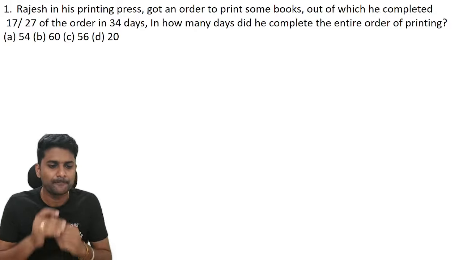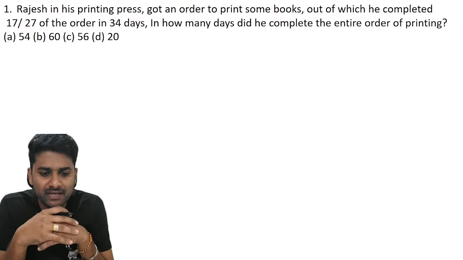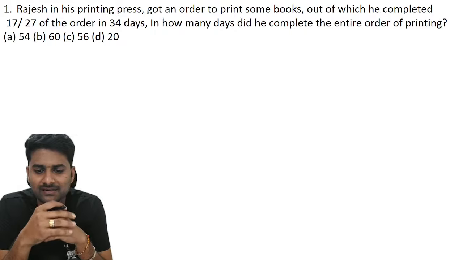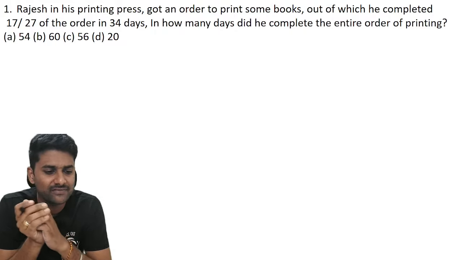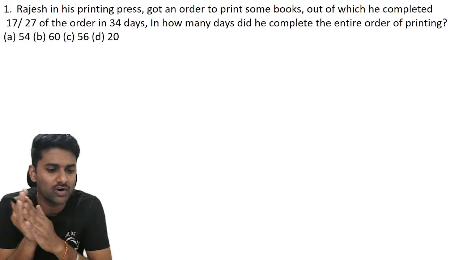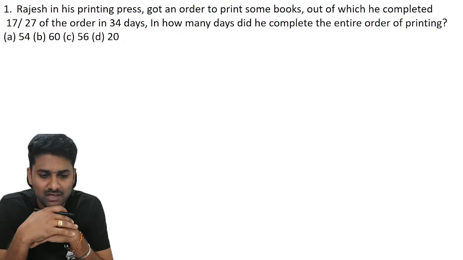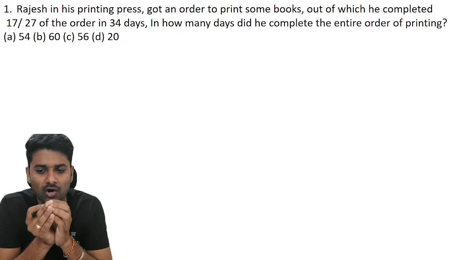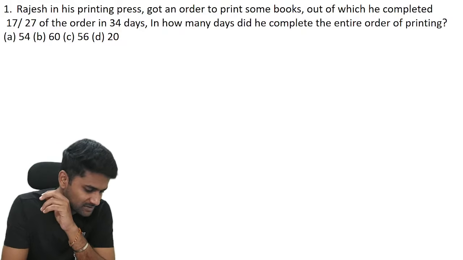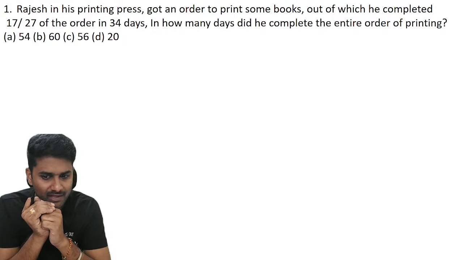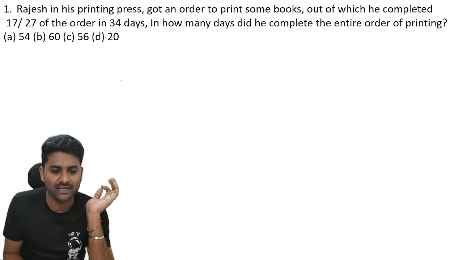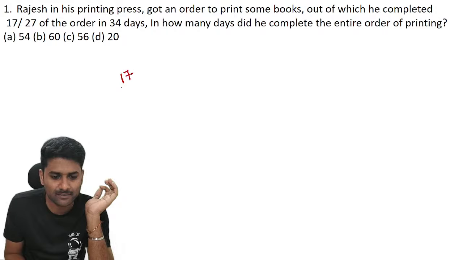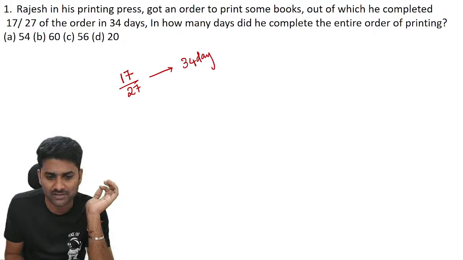So here's the question. Rajesh in his printing press got an order to print some books, out of which he completed 17 by 27 of the order in 34 days. So, in how many days did he complete the entire order of printing? Try to understand the information. He got the order, out of which he completed 17 by 27 in 34 days.